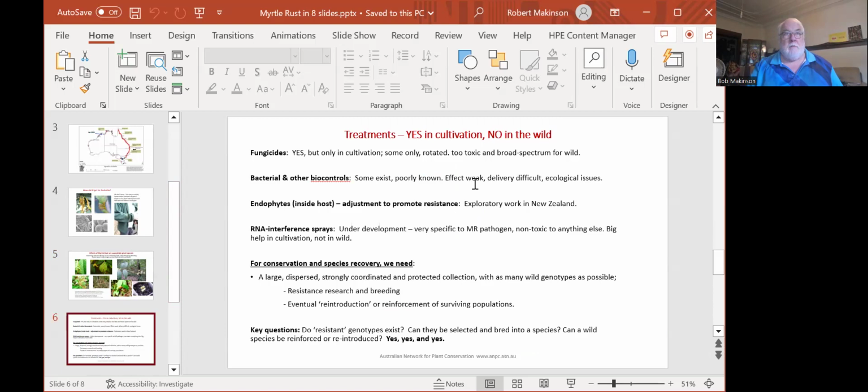They are usually too toxic to other organisms and too broad spectrum in their action on fungi for deployment in the wild, except on individual plants, either for experimental purposes or if there's a particularly iconic or sacred individual plant which has to be protected at all costs.